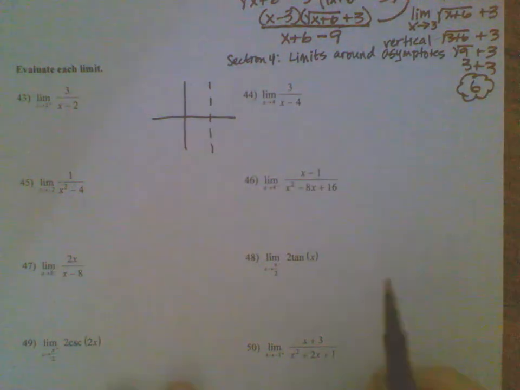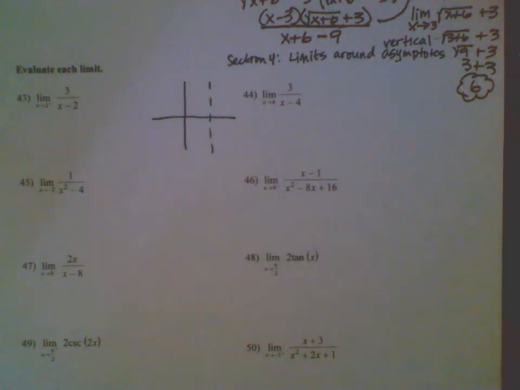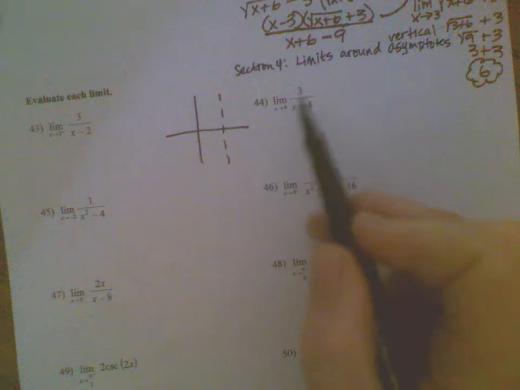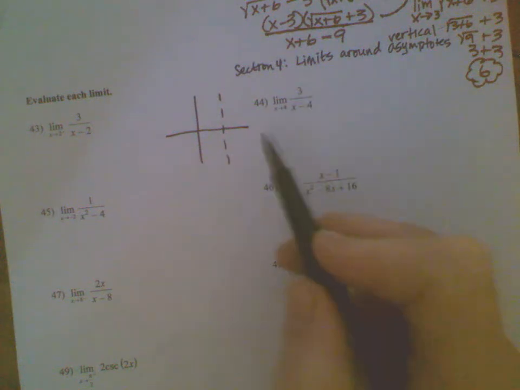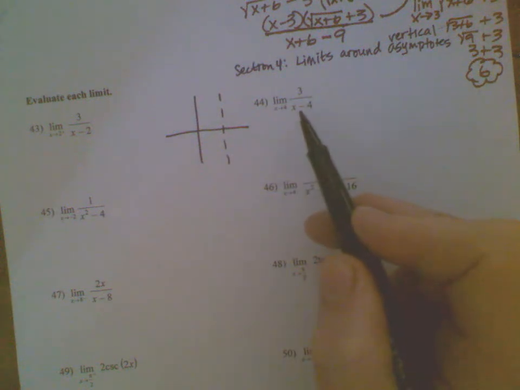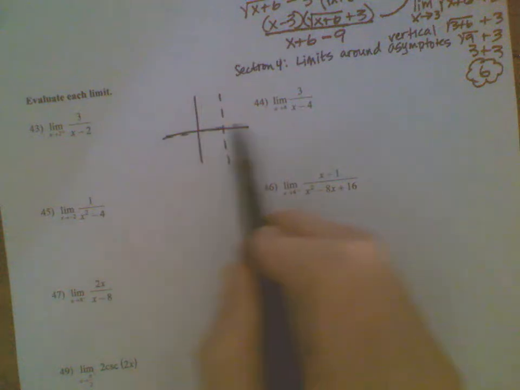Okay, and so if I were to sketch this graph, I don't know if you remember from back in the day, if you graphed the parent function 1 over x, you would have these little swoopy sort of things.